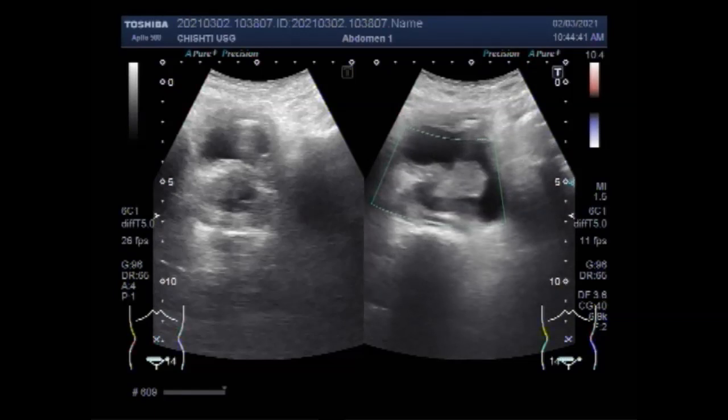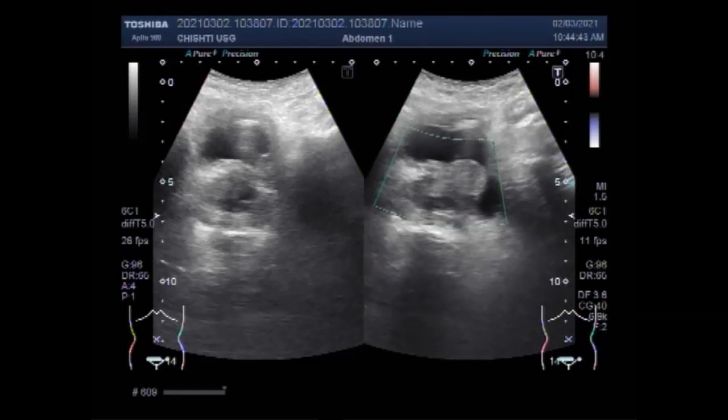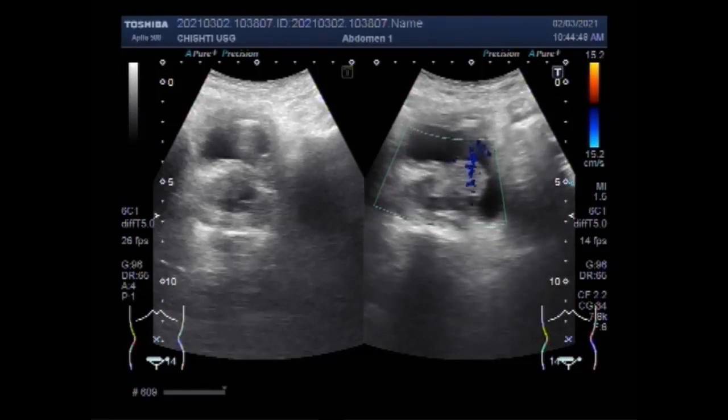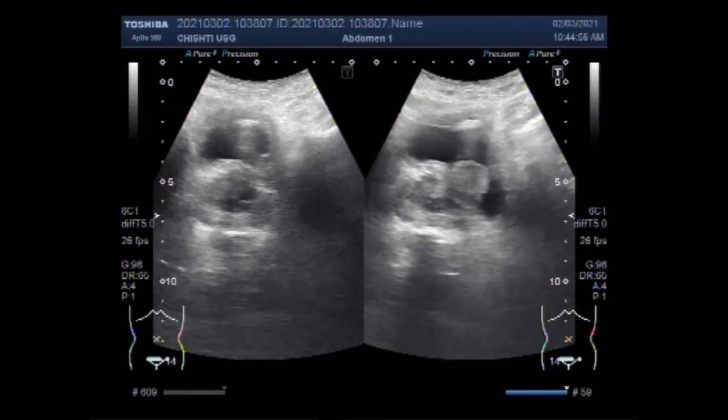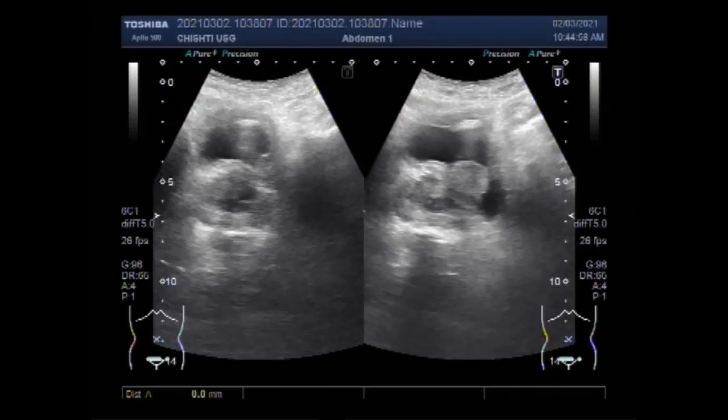This mass lies behind the part of the prostate that is protruding into the urinary bladder, so it is tricky to localize it. A significant blood flow is also seen.